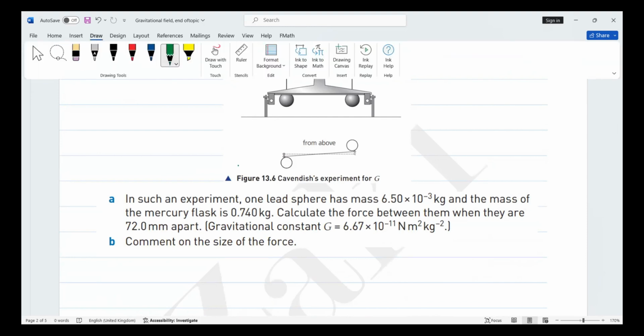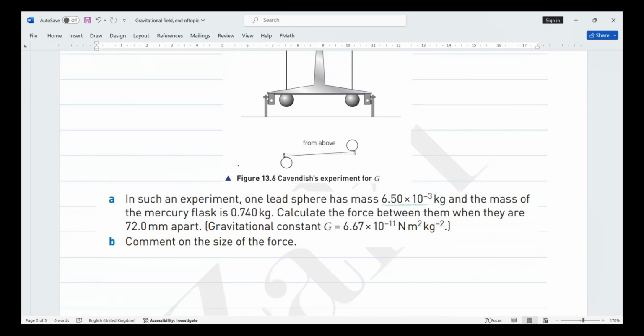The first mass is M1, the mass of the first sphere, 6.5 multiplied by 10 power negative 3 kilogram.